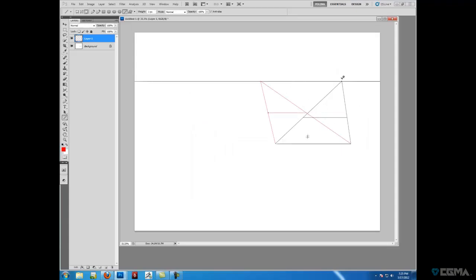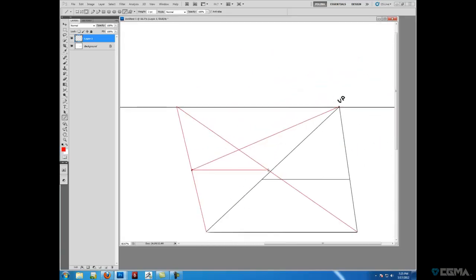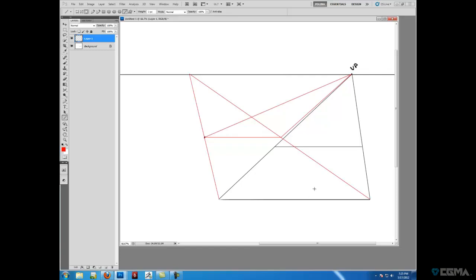Now we still want the rectangle to go into the same perspective, so we'll take those back to the vanishing point. And from the reference point to the back point, we'll draw another line.